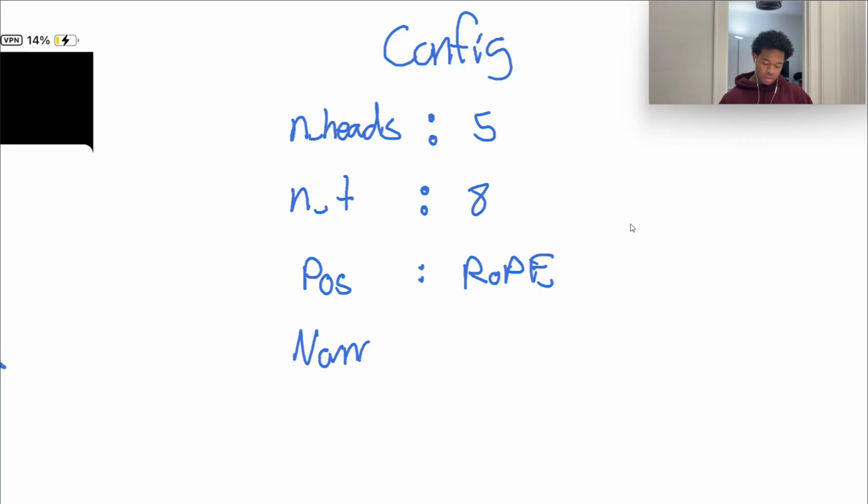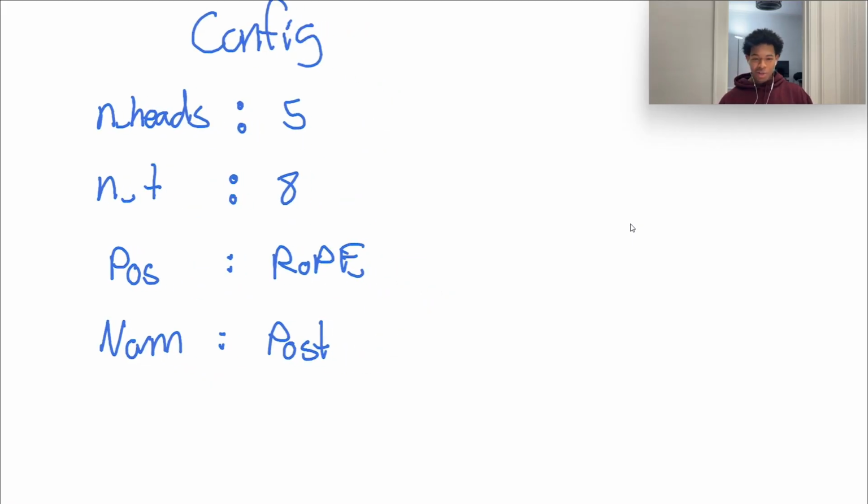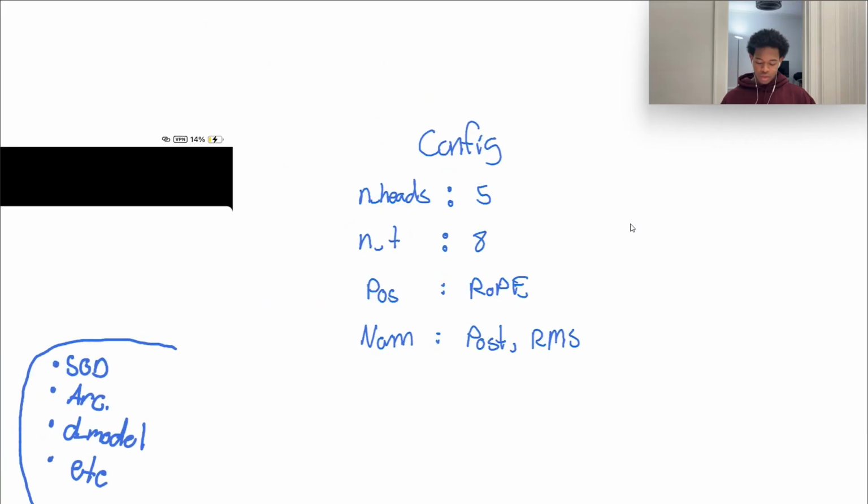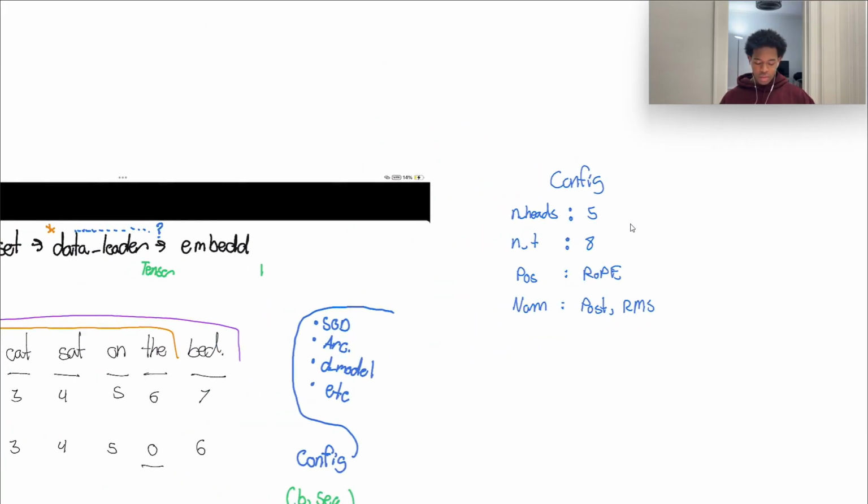Norm is both pre, it's post. Let's say we're doing post norm, and we're doing root mean squared normalization. Sure.